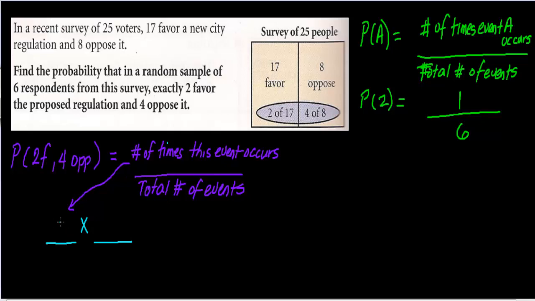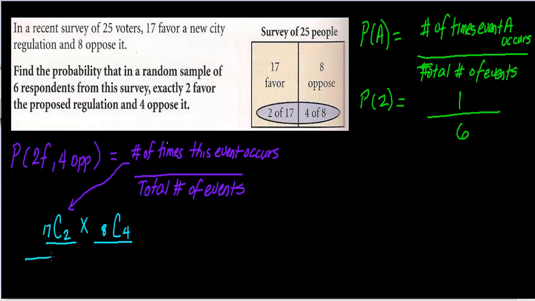This is calculated as a combination, so this is 17C2. Then how many ways can the other event occur, where in that group of 6 people, 4 oppose the regulation? Again, 8C4. So this is your numerator.